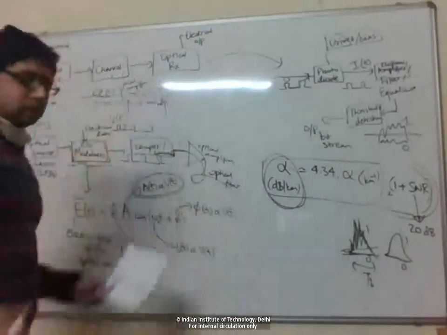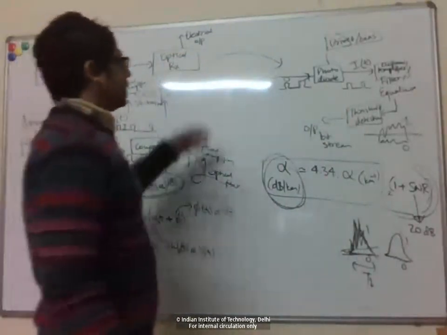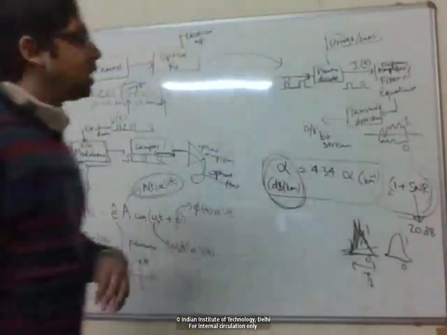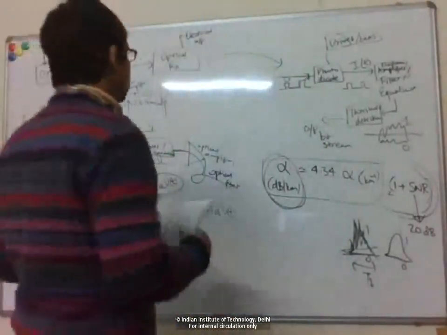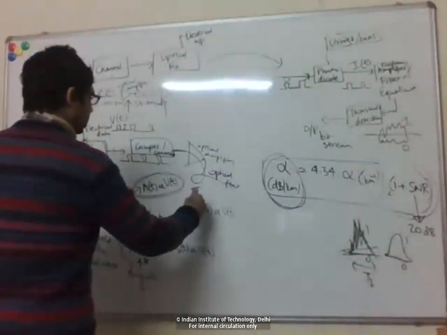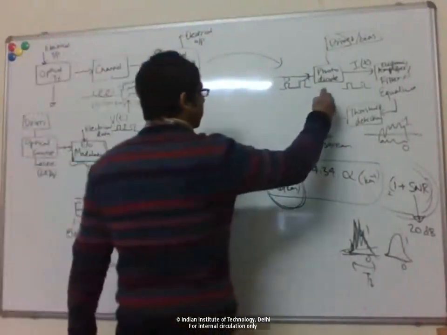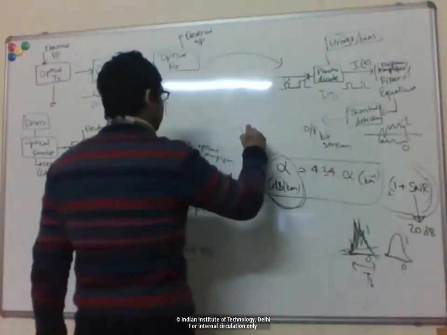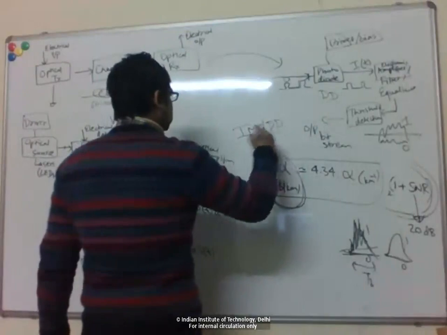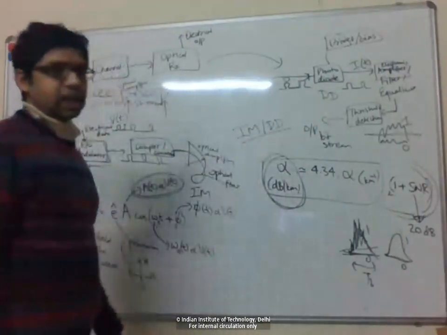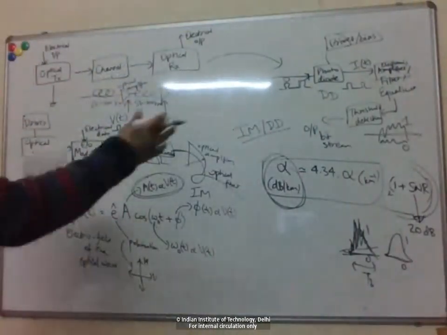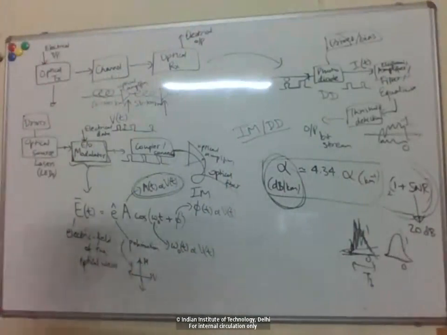I don't have to do anything extra. I just directly put in the optical signal and it gives me the electrical output. So here it's called intensity modulation, here it's called direct detection. So this link is called IMDD, intensity modulation direct detection, which is the simplest form of the link.